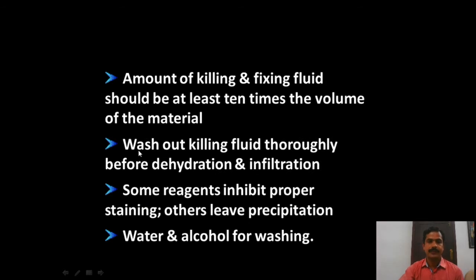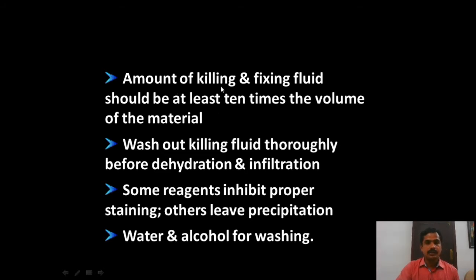The amount of killing and fixing fluid should be at least 10 times the volume of the material for the purpose of fixing. Before going to infiltration, the specimen has to be fixed.